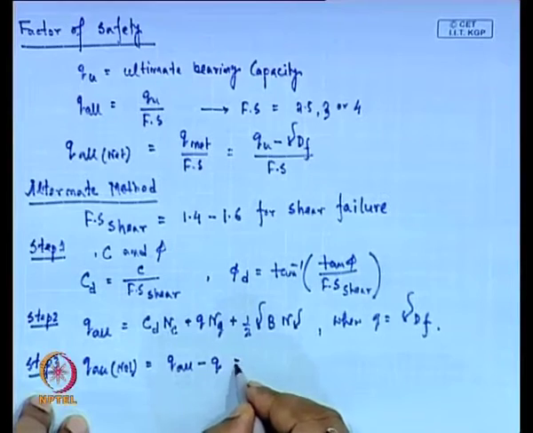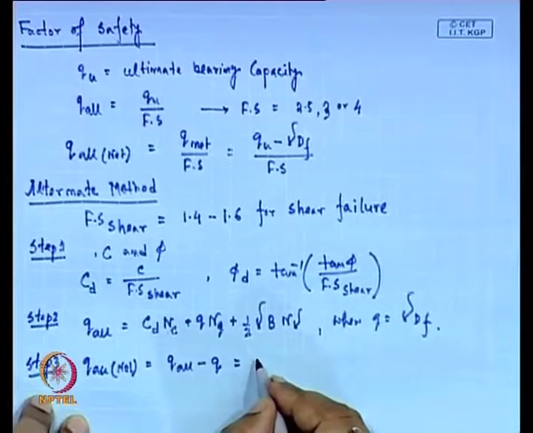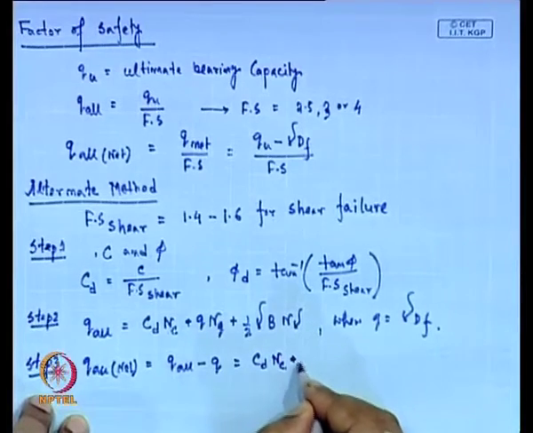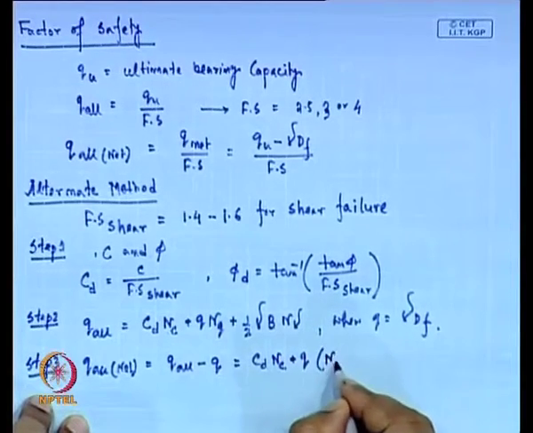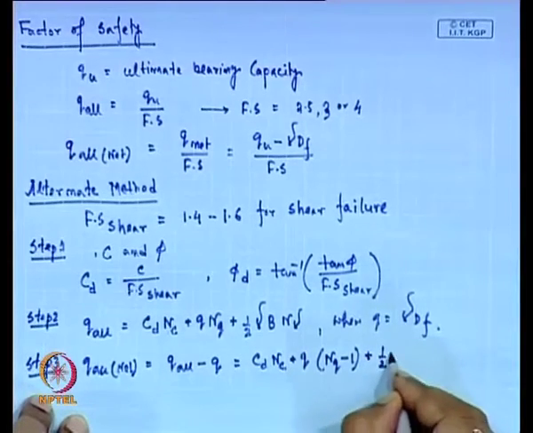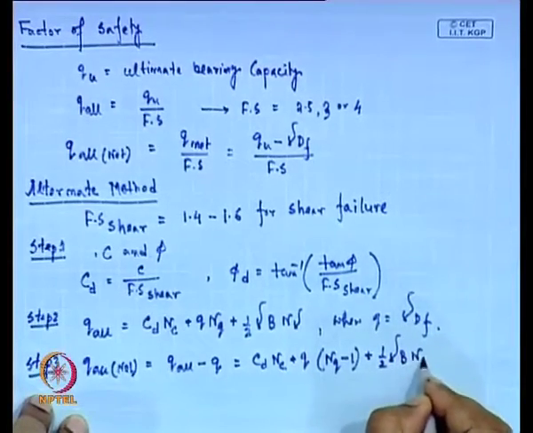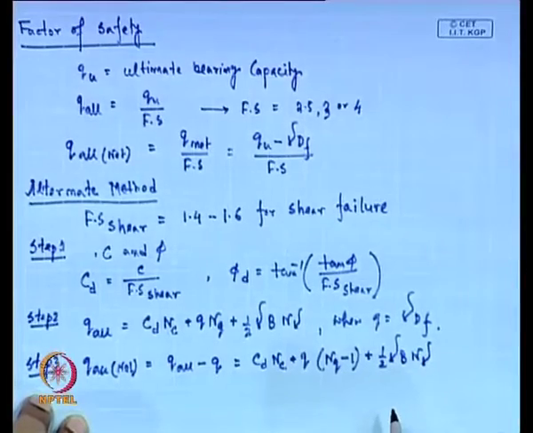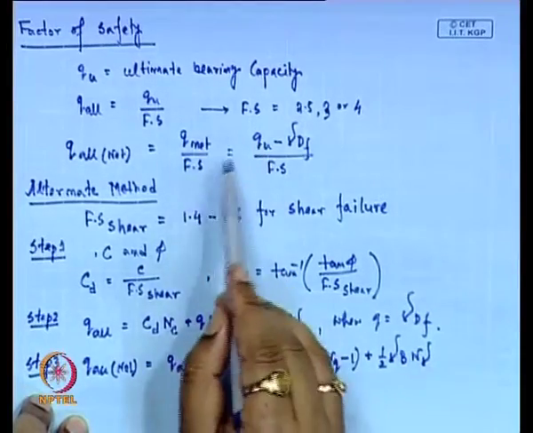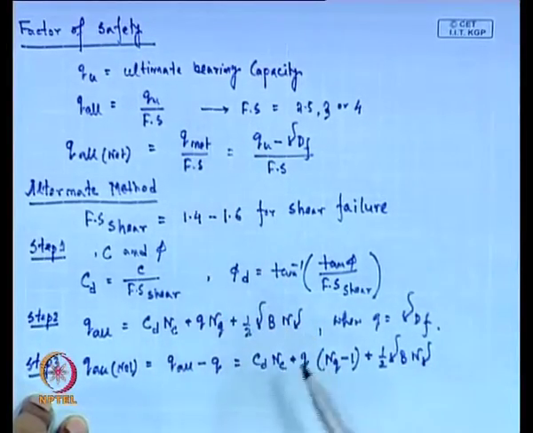So, this will give us C d N c plus Q N q minus 1 plus half gamma B N gamma. So, in this process there are two methods, one where we are applying the overall factor of safety, and one where we are applying this factor of safety against shear.